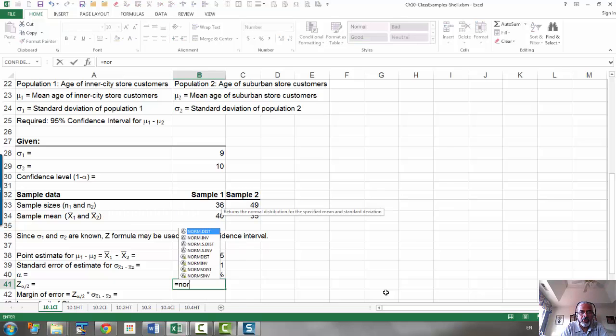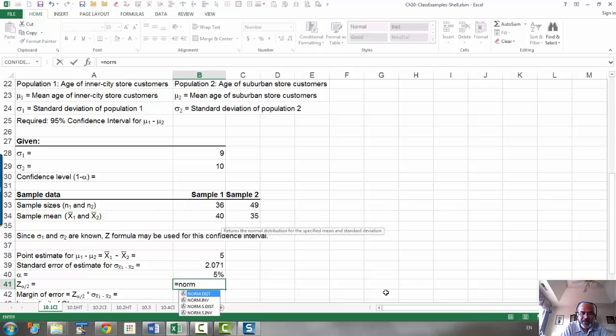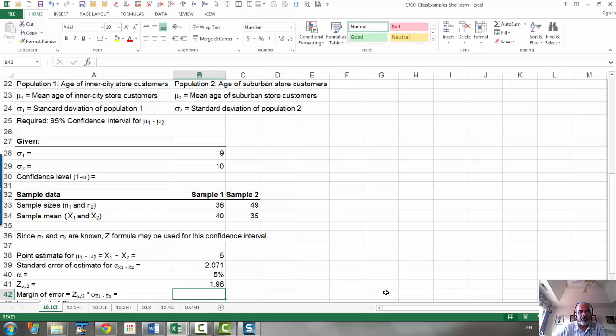So we do norm.s.inv, and we need to do 1 minus alpha over 2. That will give you the positive side of the z value, and then the margin of error is z times the standard error.